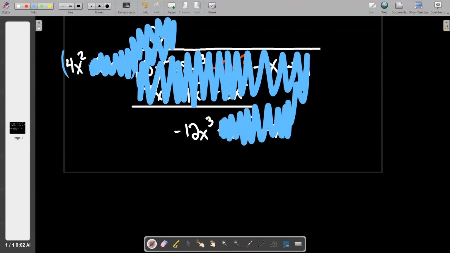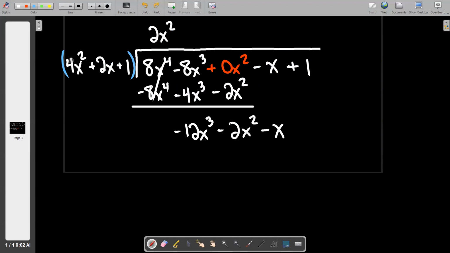Negative 3x. You need to make it a dead copy. Don't think about signs and making opposites. All that will be taken care of when we switch the signs. So in order to turn the 4x squared into a copy of negative 12x squared, we must multiply by negative 3 extra x.